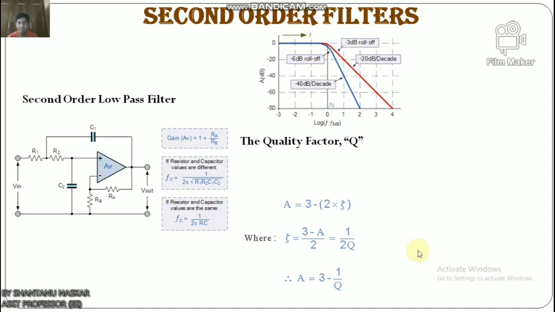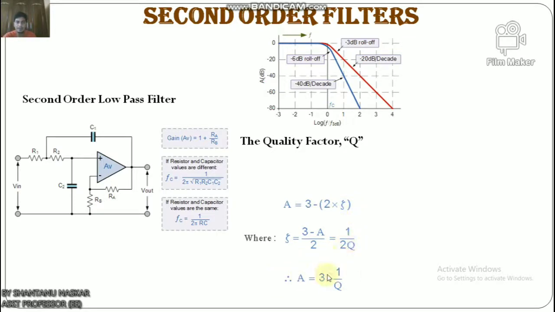But a filter's gain also determines the amount of its feedback and therefore has a significant effect on the frequency response of the filter. Generally, to maintain stability, an active filter gain must not be more than 3. This is expressed with the quality factor as A equals 3 minus 2 zeta, where zeta equals (3 minus A) by 2 equals 1 by 2Q.